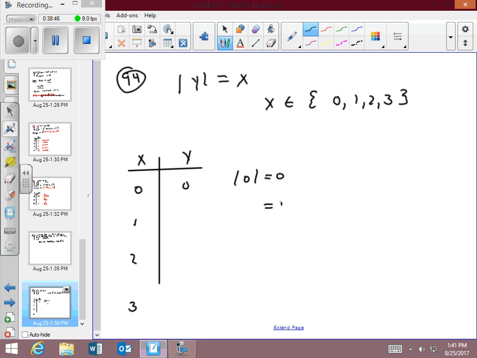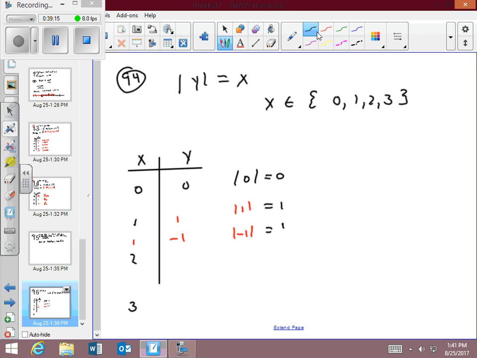If x is 1, well, y can be 1, right? But if x is 1, y could be minus 1, because the absolute value of minus 1 is 1, isn't it? So 1 for x, minus 1 for y.